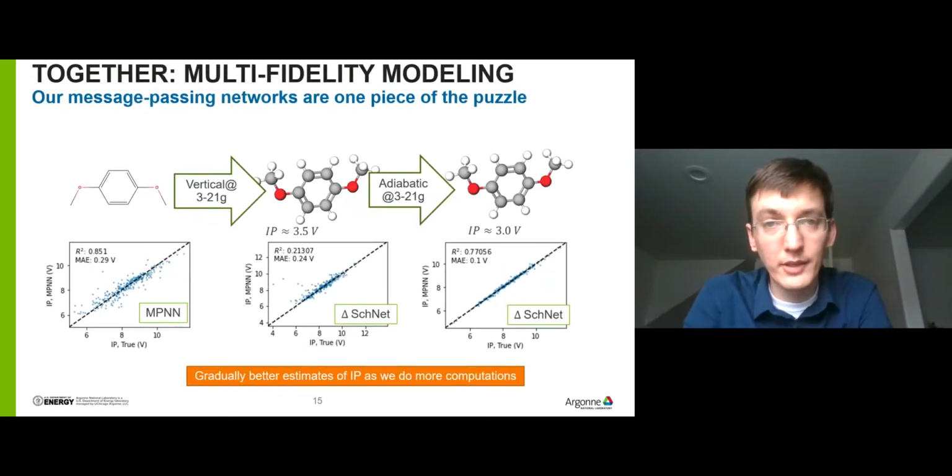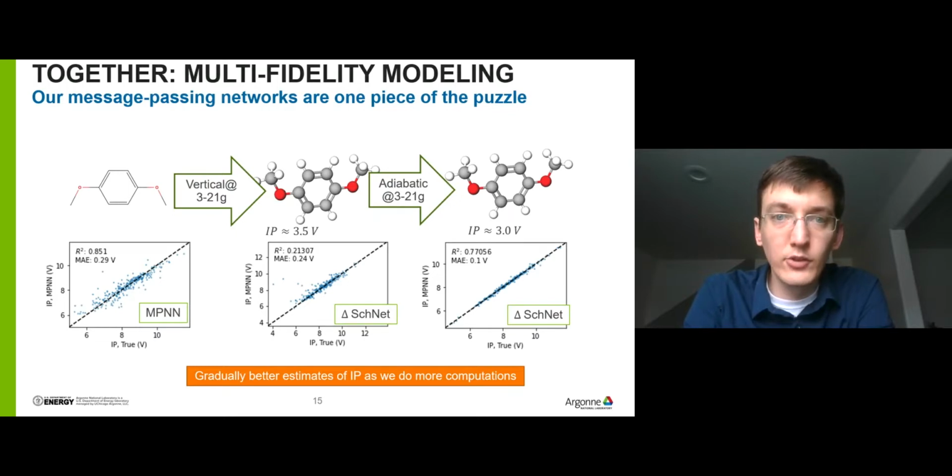Beyond these message passing networks, which as shown in the figure on the right, we can use to also predict the ionization potential of molecules, we've gone up and built a larger suite of techniques. For example, we have these delta learning models which take in the property we're trying to predict at a low level of fidelity, such as if we were trying to predict the ionization potential as shown here, computed with a very large basis set, using only the ionization potential computed with a small one, 3-21G.